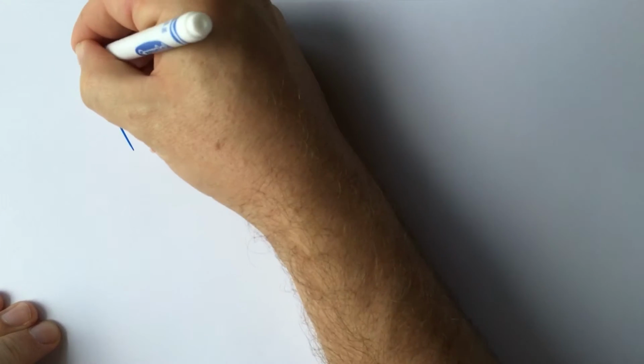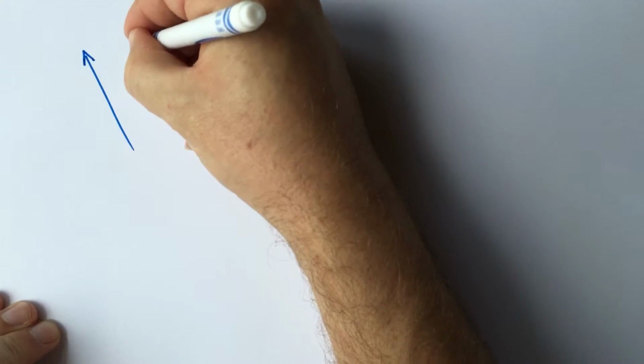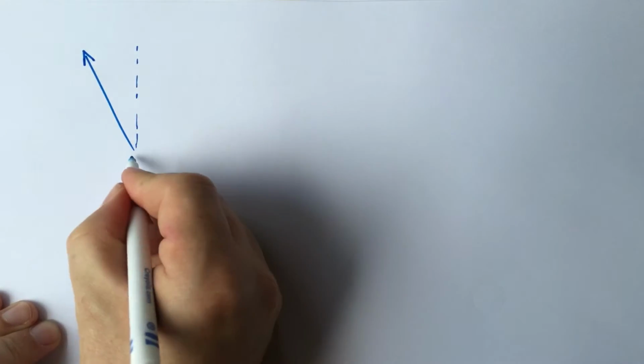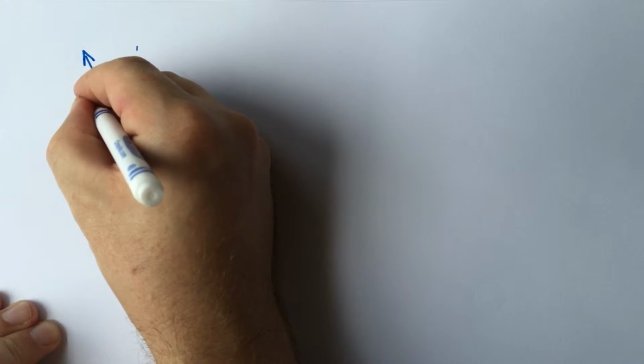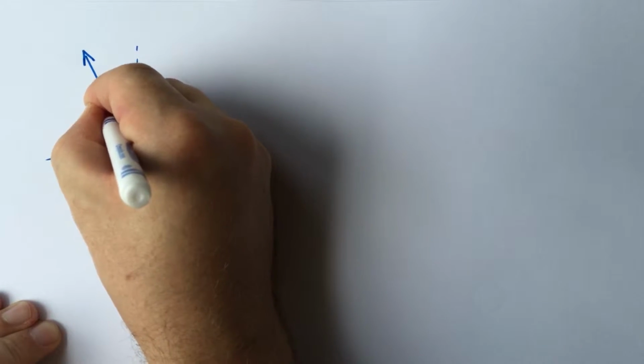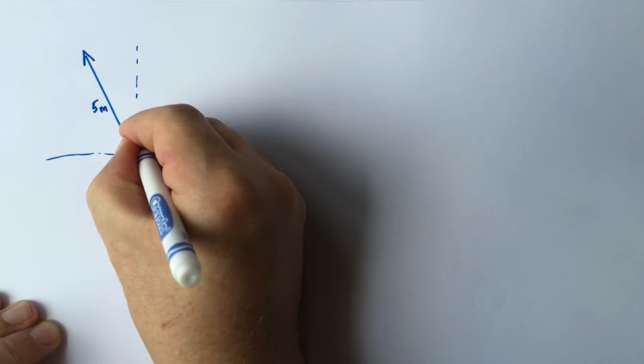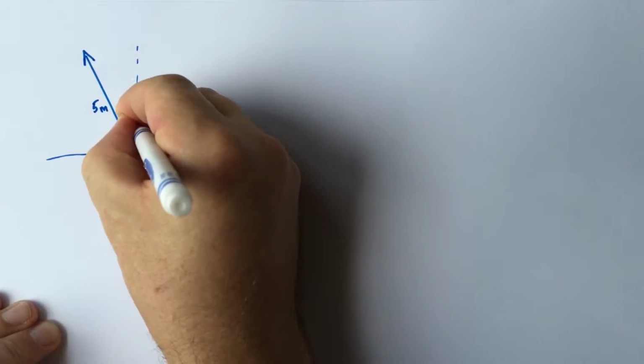So if I have a vector that is, let's say, this direction, and they give me that this vector is 5 meters long, and it's at an angle here of 20 degrees, let's say, even though that doesn't look like 20 degrees, but let's imagine with me.